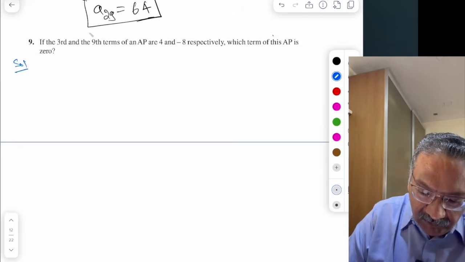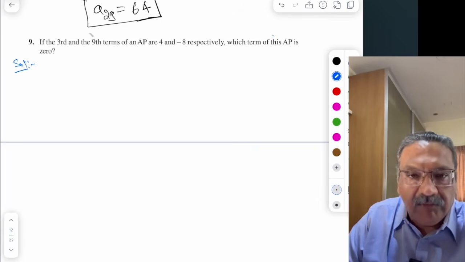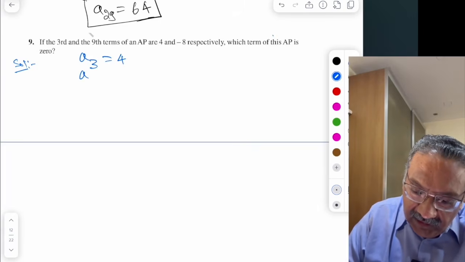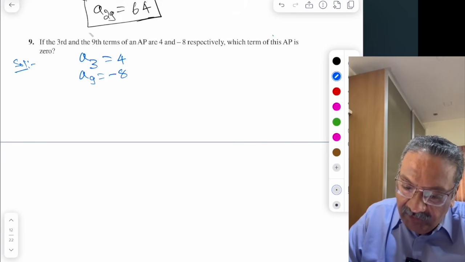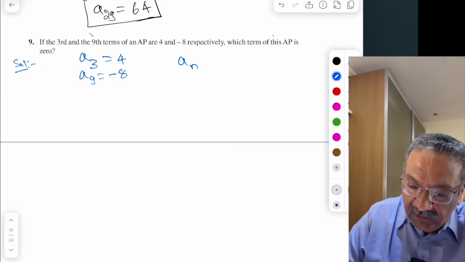So solution, what they have given, let us take one by one. Third and ninth term are 4 and minus 8. That means a3 is 4 and a9 is minus 8, respectively. Which term of an AP is 0? So an is 0. We have to find out n.